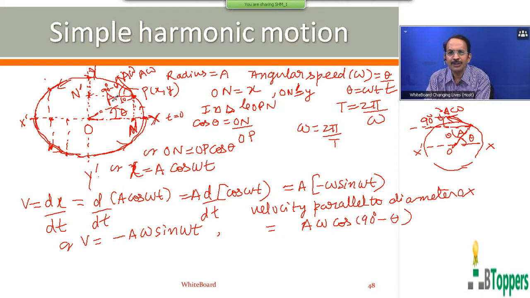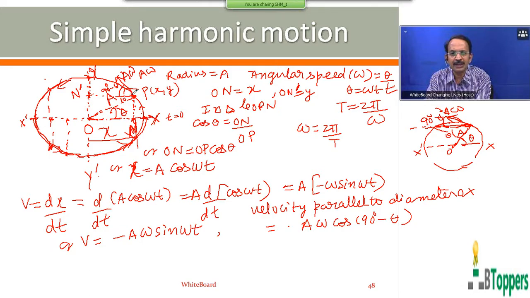But this component of velocity parallel to the diameter x dash x is directed towards the left side. We give a positive sign for displacement of the projection of the particle on diameter x dash x towards the right side. That means the direction towards the right gives a positive sign, and the direction towards the left will be given negative.